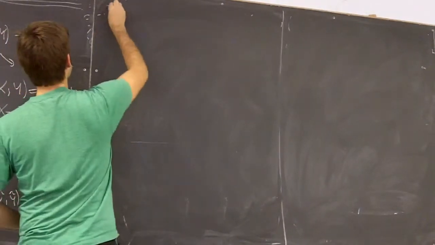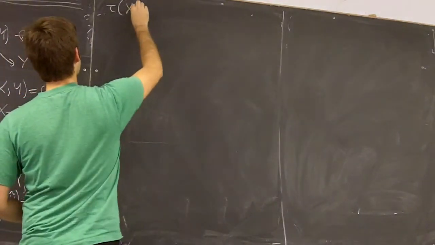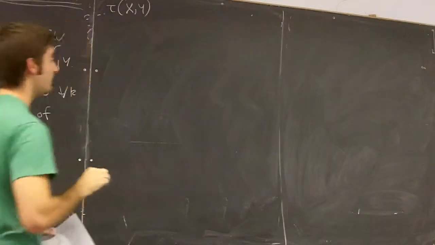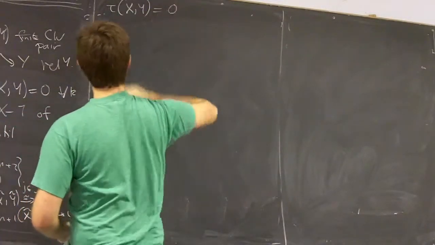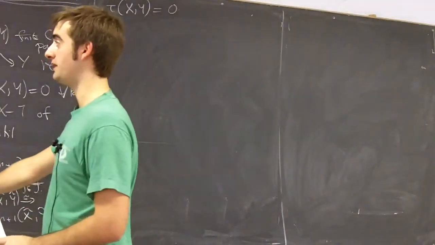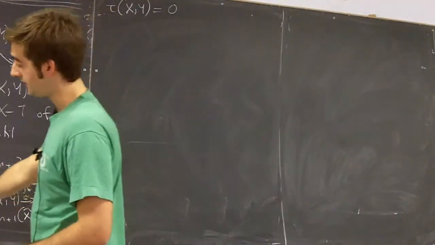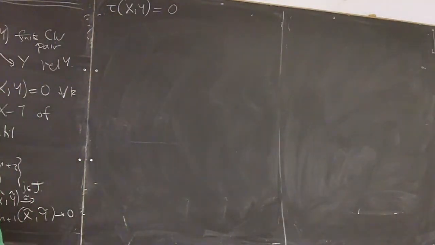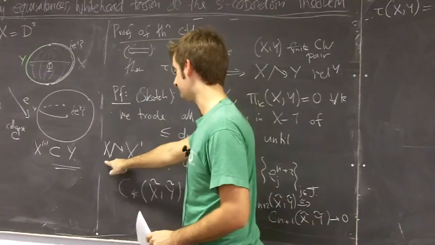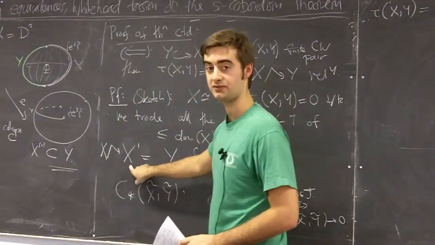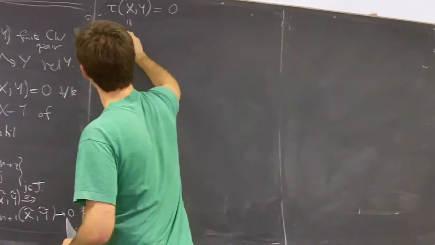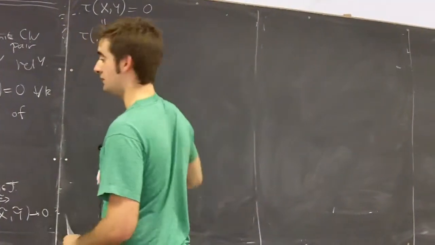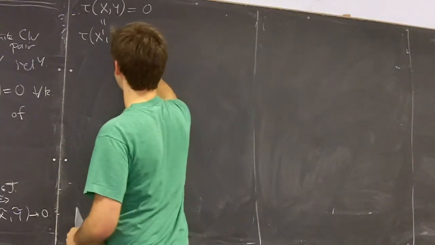Now we assume that the torsion of the pair x and y was 0. We saw from the forward direction that simple homotopy equivalence between x and x prime doesn't change this torsion. So we know that the torsion of x prime with y is also 0.